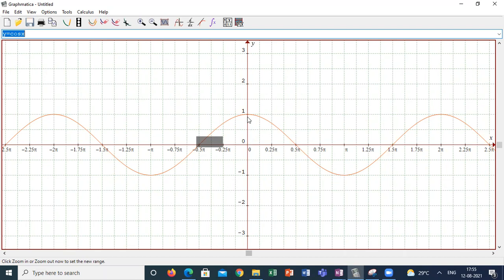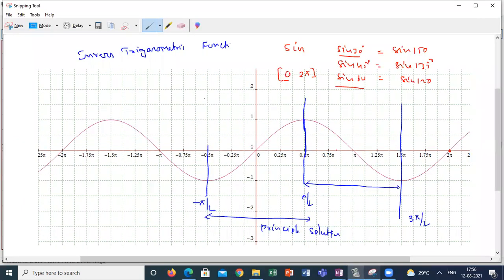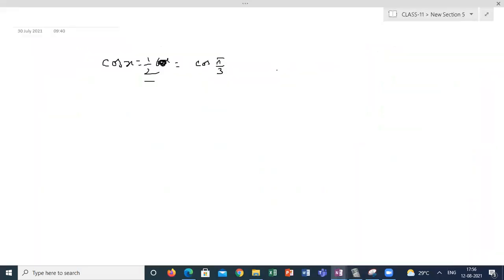Suppose I take cos 90 degrees, for example, 0 is repeating here, again plus 1 is repeating at 2 pi, again it is repeating at 4 pi. At pi and 3 pi it is negative 1. So how can I write this? Cos x is equal to 1 by 2, how can I write it?